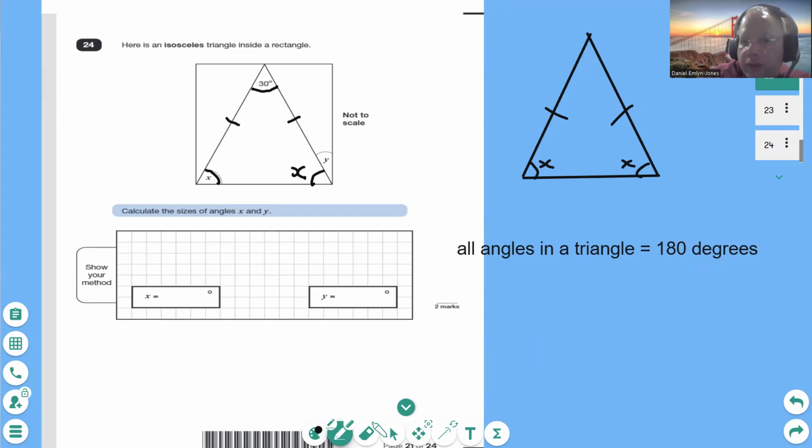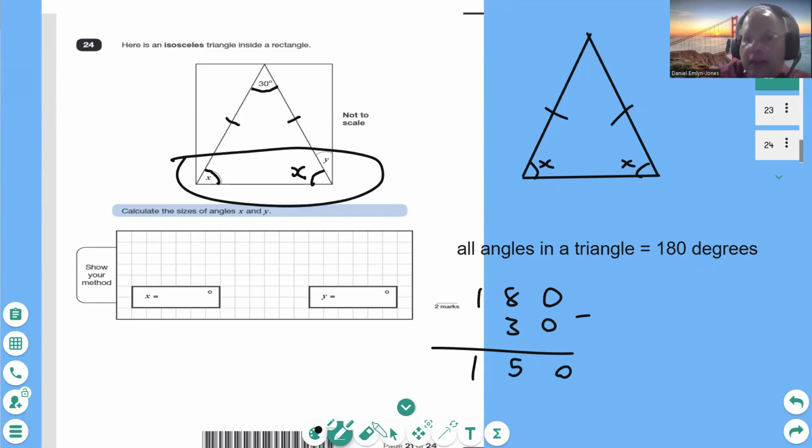So what we have to do first is take away the 30. We do 180 minus 30, which gives 150. So 150 degrees is going to be the 2 x's because we've taken away the 30.